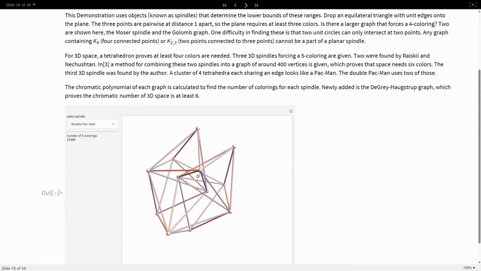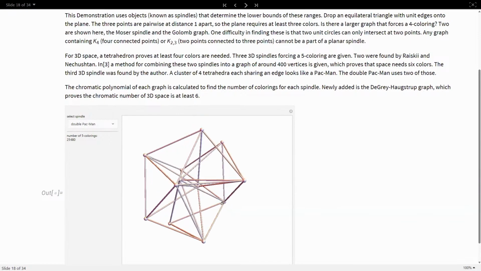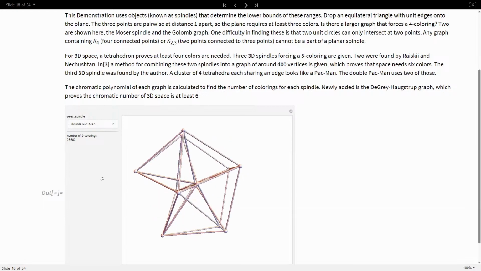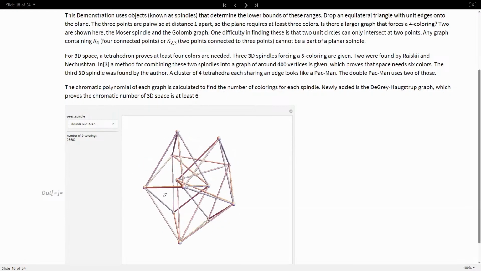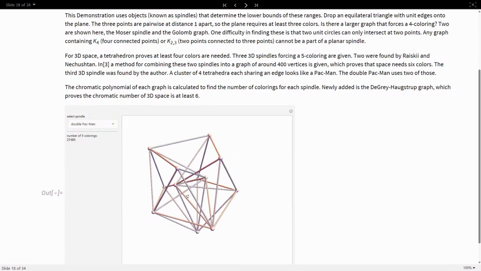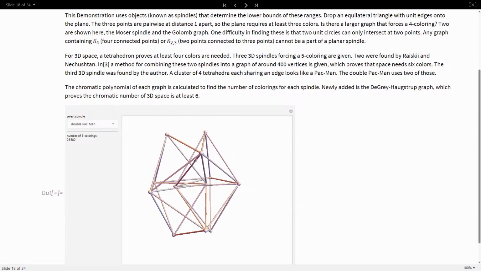This tetrahedron, this point, that point, this point, this point, and that point make a somewhat Pac-Man shape. And then there's another Pac-Man this way. And when you combine them together, you can basically show that the way those vertices line up would force two vertices to conflict, and therefore this needs at least 5 colors.